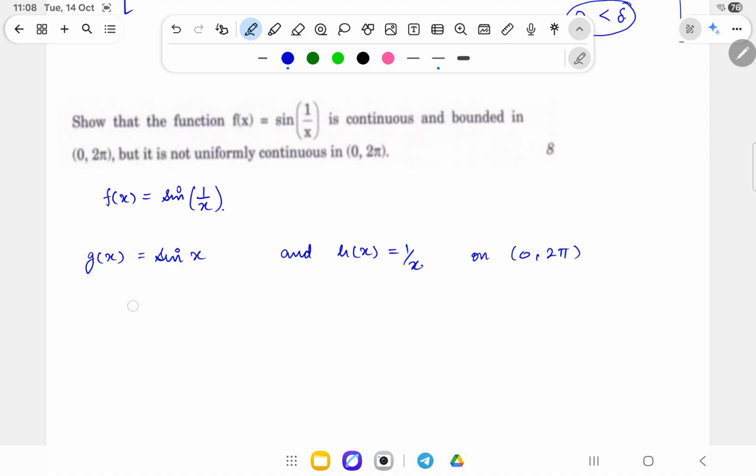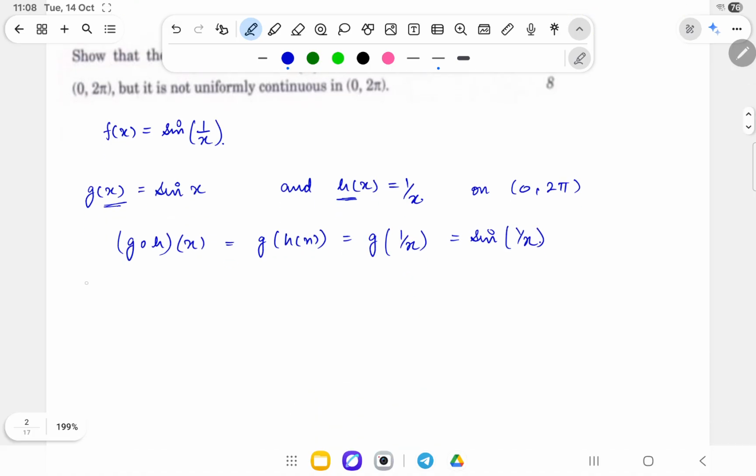If I take the composition g of h of x, h(x) is 1 by x, so g of h(x) will be g of 1 by x, and that basically gives me sine of 1 by x. So my function f(x) is basically the composition of function g(x) and function h(x).